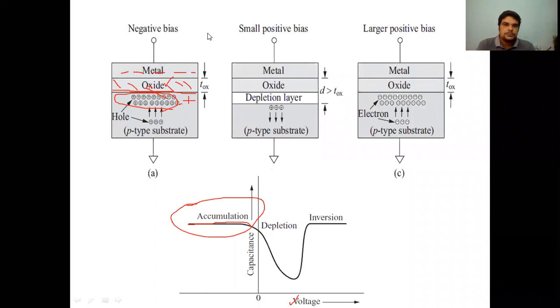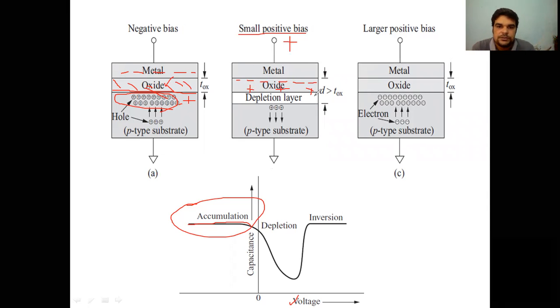Now, if a small positive bias is applied at the gate terminal, what will happen? Remember, this is a small positive bias. Due to this small positive bias, negative charge in the oxide layer will accumulate above and positive charge will accumulate below.